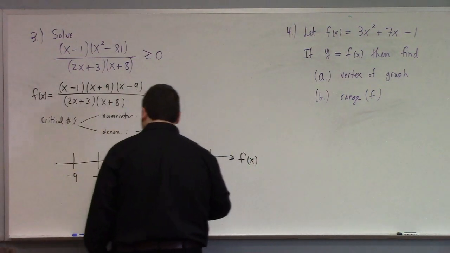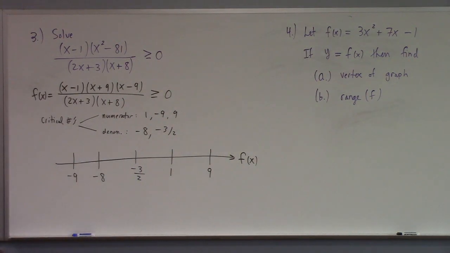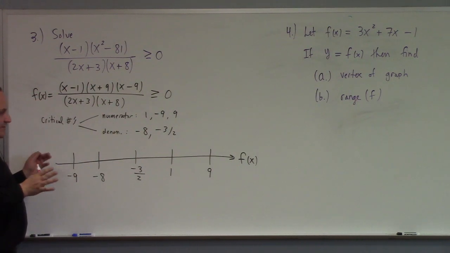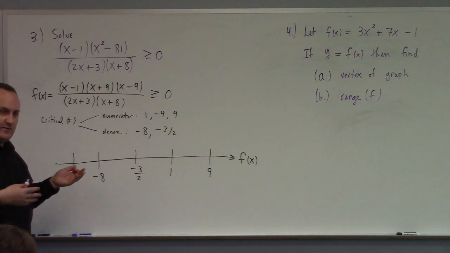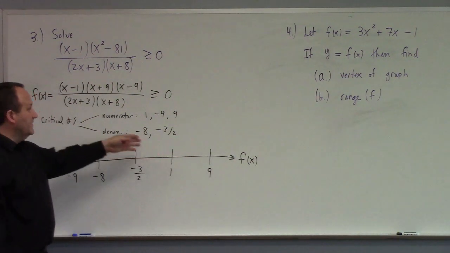All right. And then I need to come up with the sign chart here, right? I should document where it's positive, where it's negative. So what goes on here? What I usually do, either plug 0 in and see how that goes, or I think about plugging a really big number in, see how that goes. I'll start with a really big number. If I plug in 10, what happens?